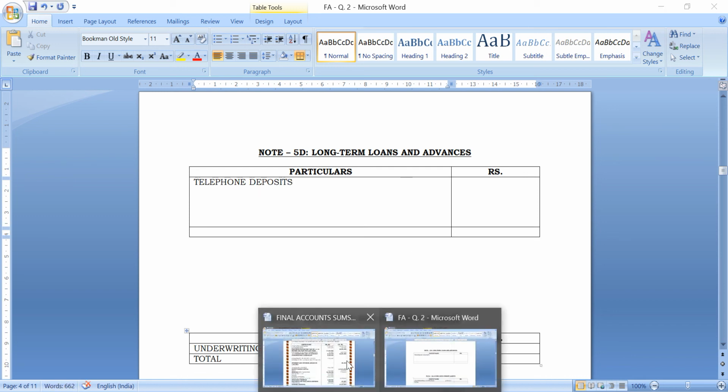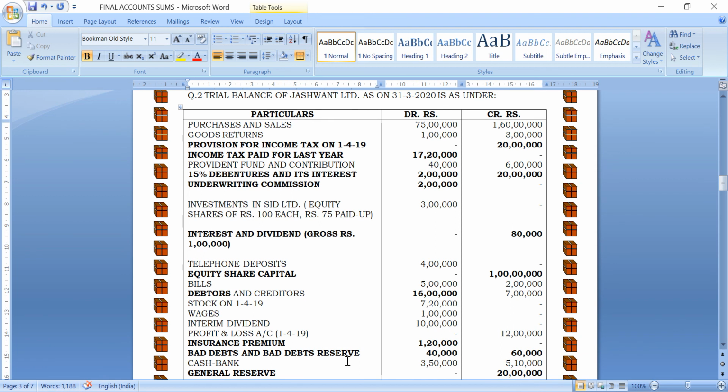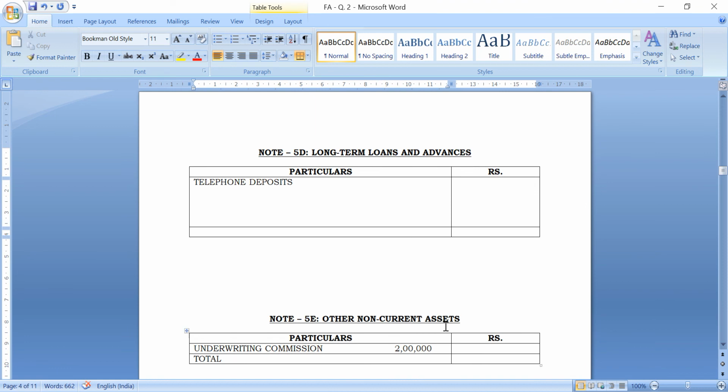I forgot the amount, let us recheck. Telephone deposits are 4 lakh. 4 lakh.